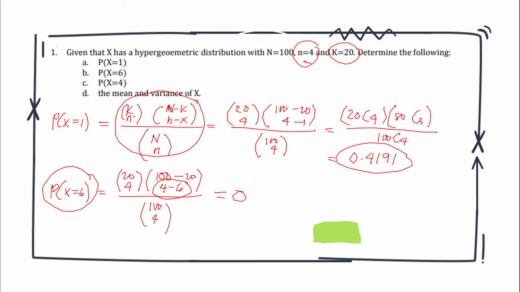Okay, so let's proceed with letter C. Letter C is x over 4. Okay, x is equal to 4. So we will rewrite the formula, k combination of x, times N minus k combination of n minus x, over N combination of n.